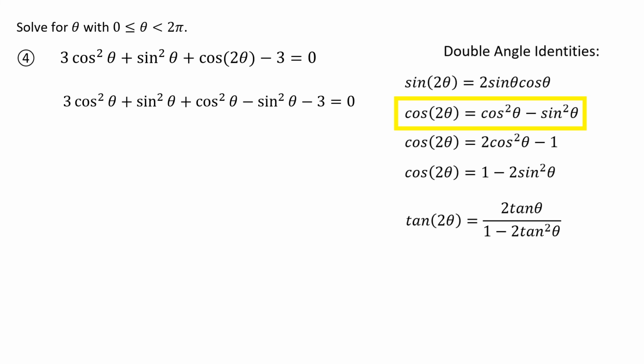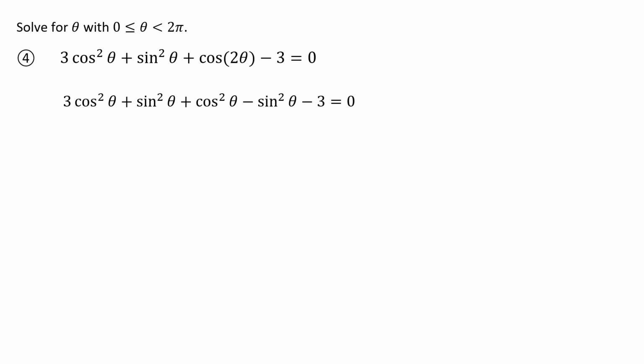The positive sine squared theta and the negative sine squared theta will cancel. I can also combine like terms. So the 3 cosine squared theta plus cosine squared theta will become 4 cosine squared theta. And of course, we still have to subtract 3 and equal 0.